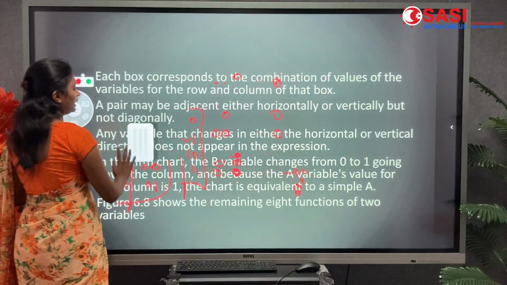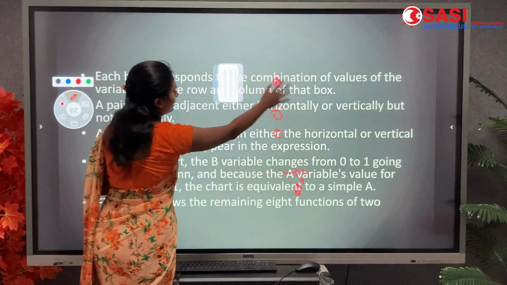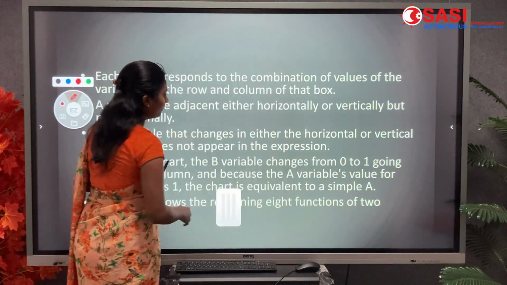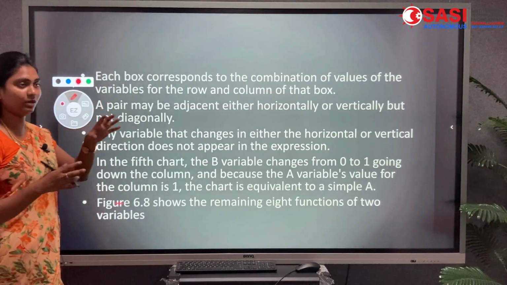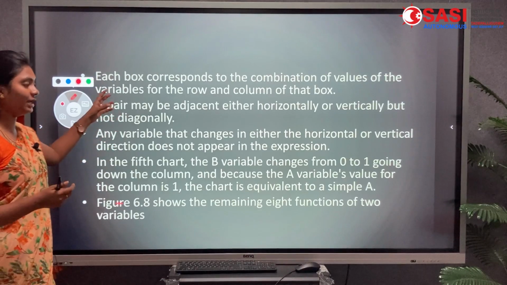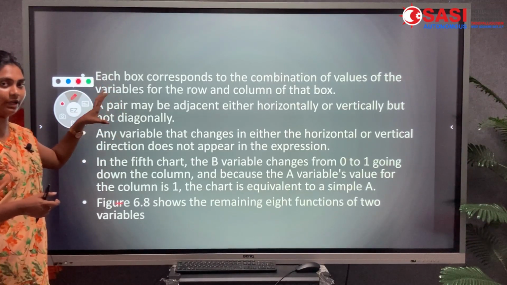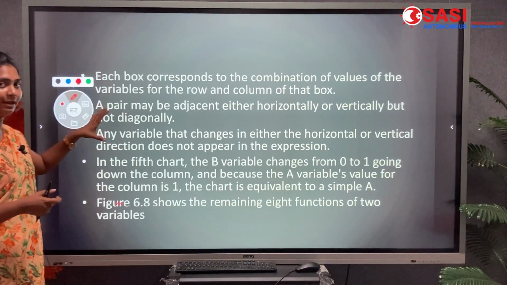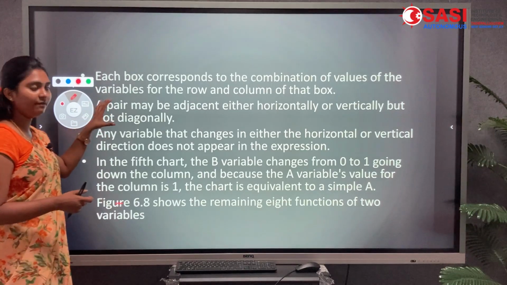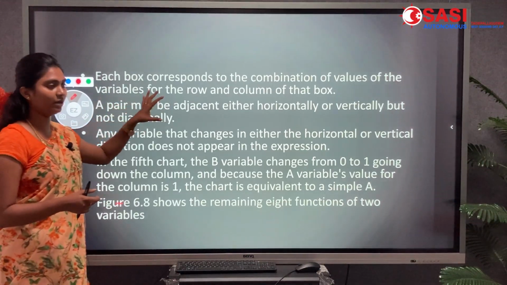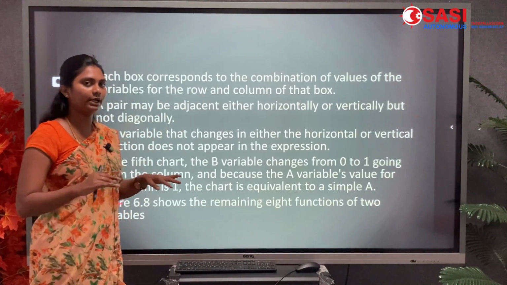So how are these divided into two variables? We are dividing these variables into multiple, right? Each and every box will be combined with another combination of rows and columns. So in these two variables or in these multiple variables, we will define the combination of rows and columns. Okay, then we will pair all these variables horizontally or vertically.